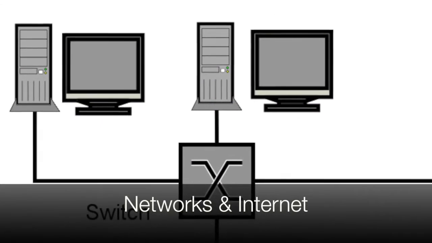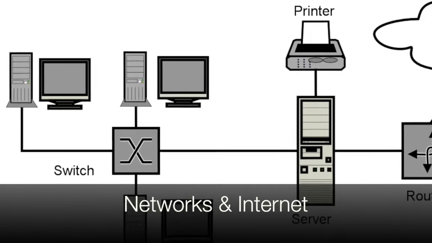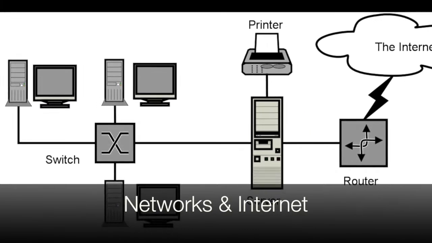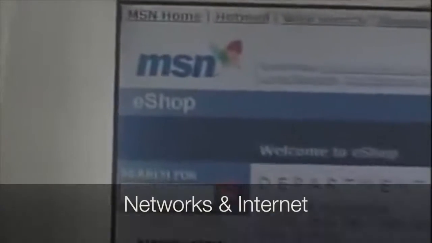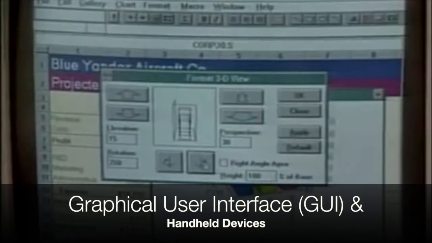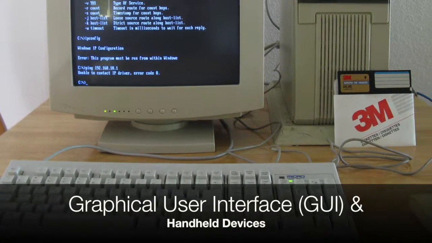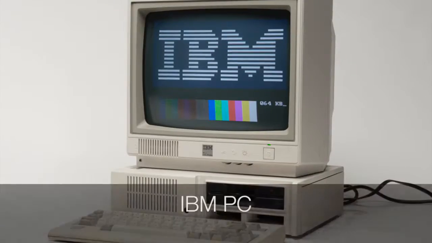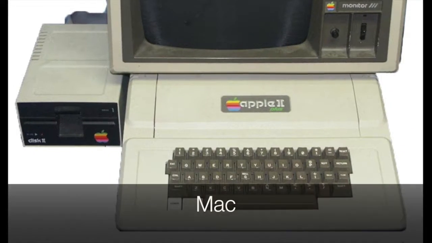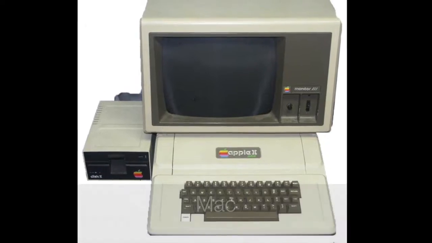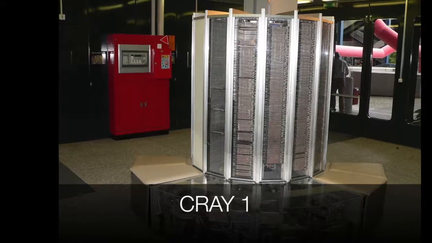As these small computers became more powerful, they could be linked together to form networks, which eventually led to the development of the Internet. Fourth generation computers also saw the development of GUI, graphical user interface, the mouse, and handheld devices. Fourth generation computers include IBM PCs, Apple Macs, VAX 9000, Cray 1 and 2, and Cray X/MP.